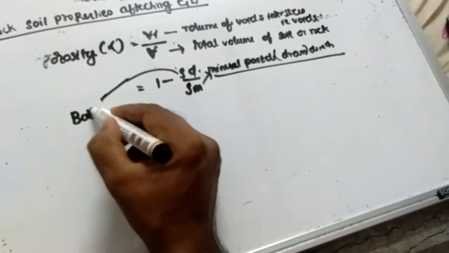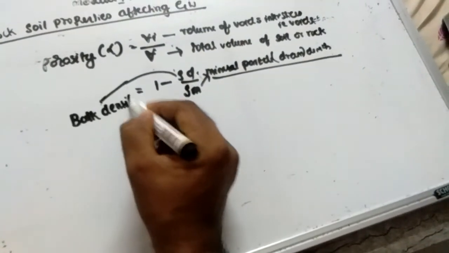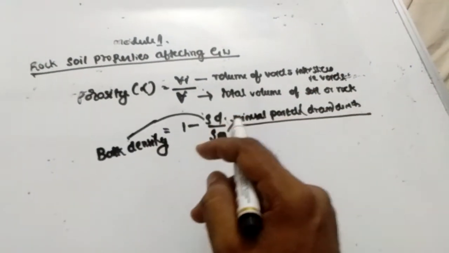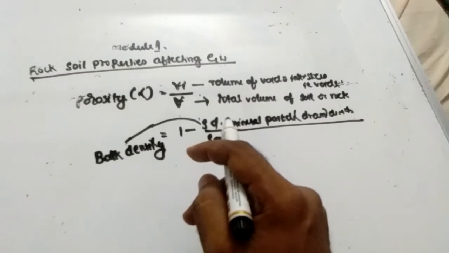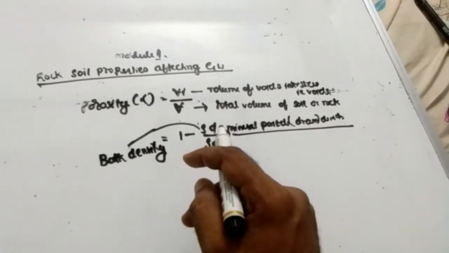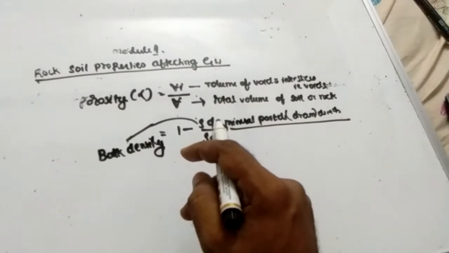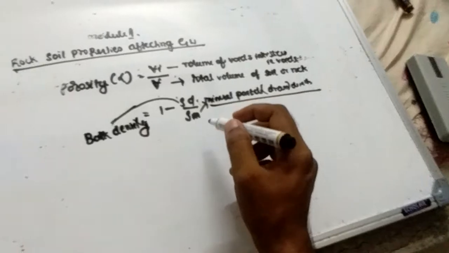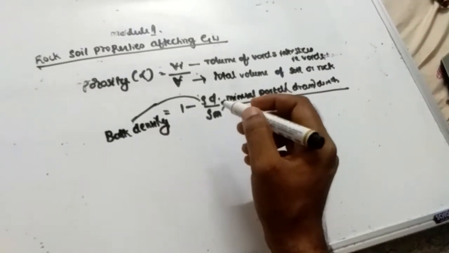So porosity can be expressed as 1 minus bulk density divided by grain density.